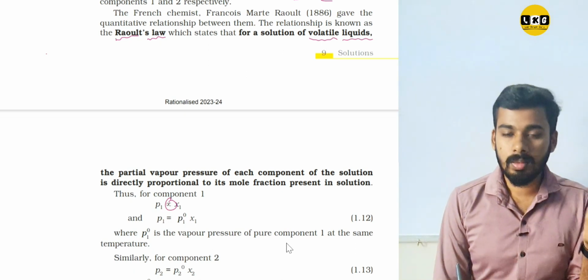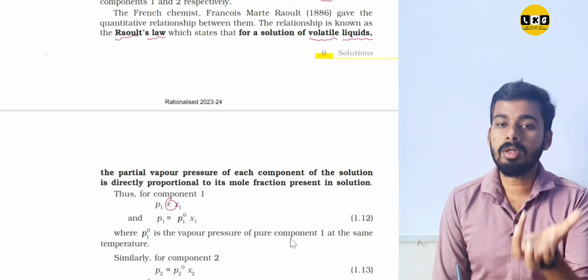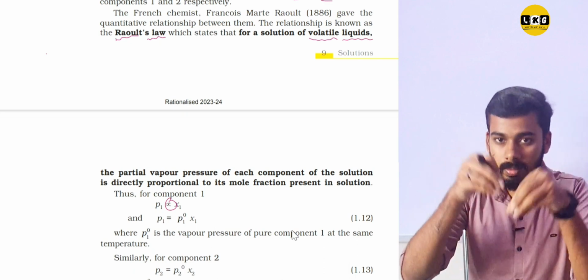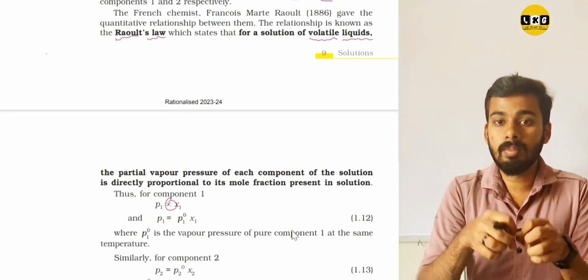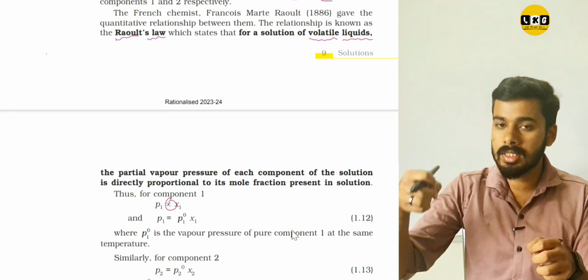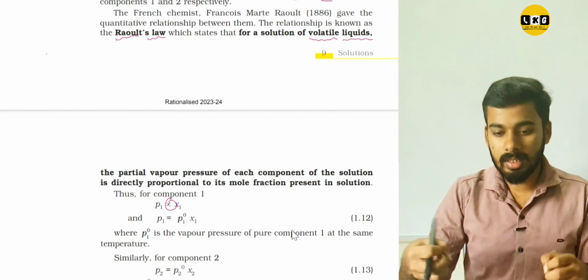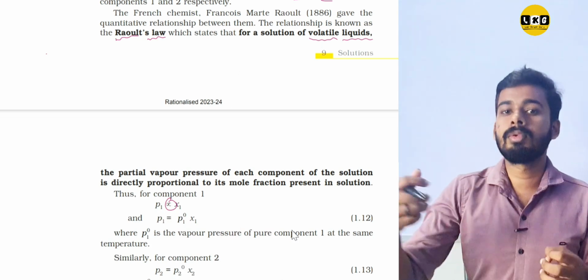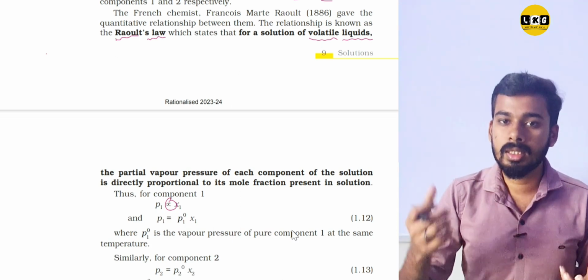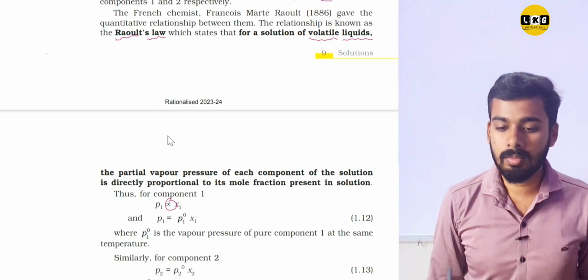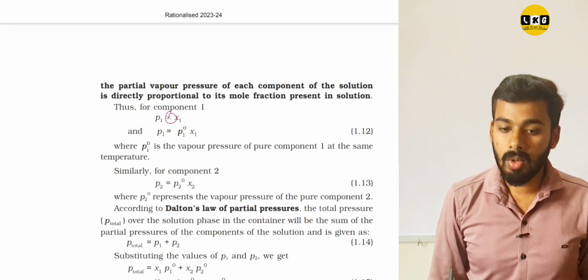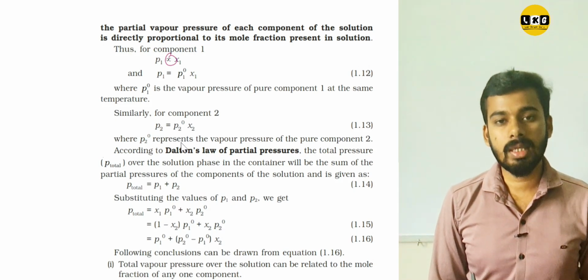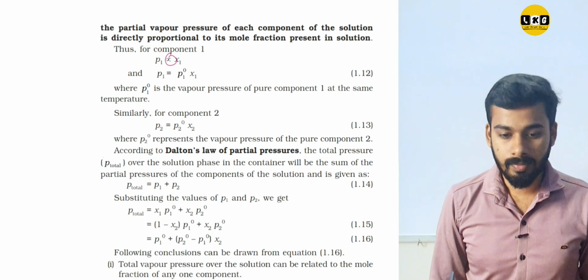When we take the component as a pure component, the vapor pressure it has is called P01. Here we have mixed it with another component. When we make a binary solution, we mix two components, and each component, since it is volatile in nature, has some vapor pressure in its pure state. In its combined state also it has some vapor pressure. That vapor pressure is P1. In pure form, the vapor pressure is P01. So P1 is equal to P01 into x1. Similarly for component 2, P2 is equal to P02 into x2 according to Raoult's law.